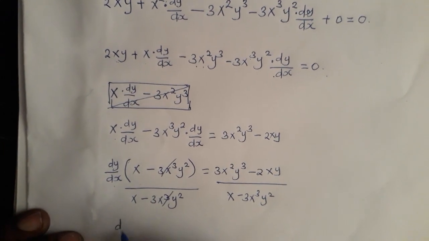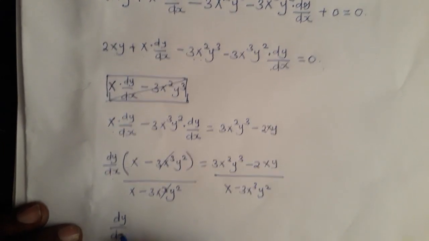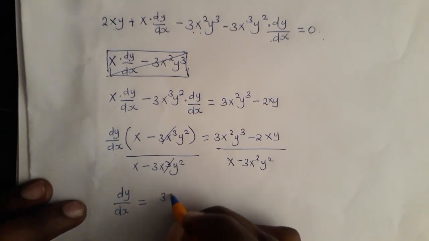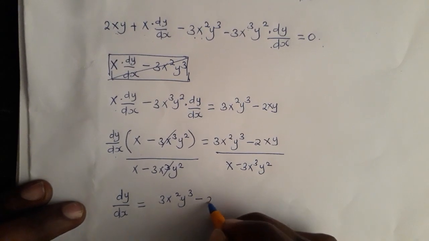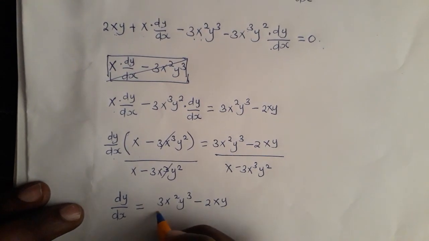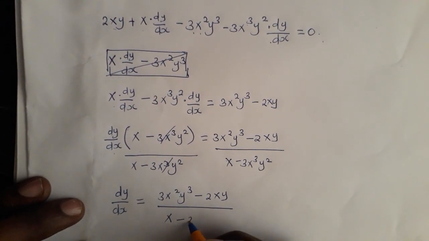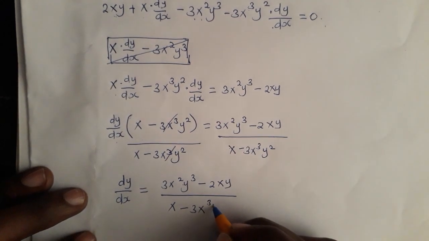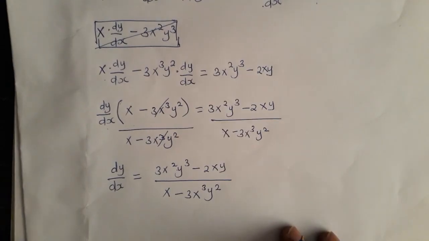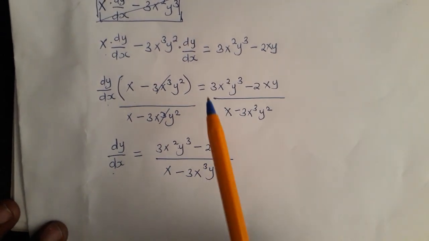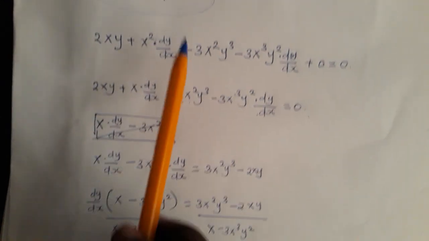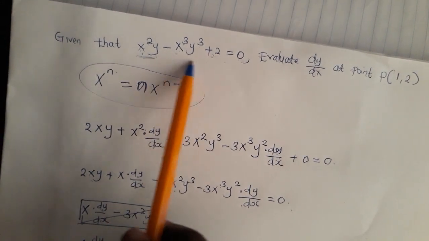We remain with dy over dx is equal to 3x squared y power 3 minus 2xy over x minus 3x power 3 y squared. So this is now the first derivative of this function.